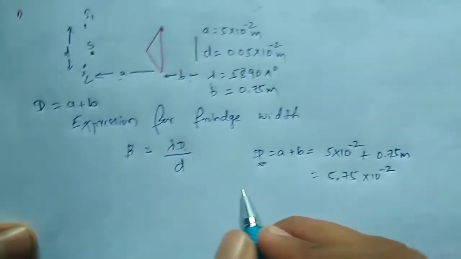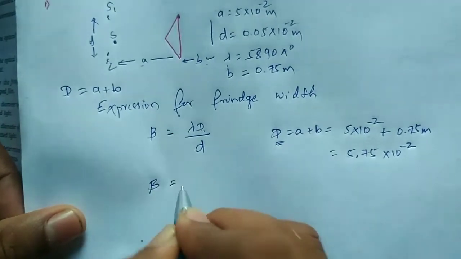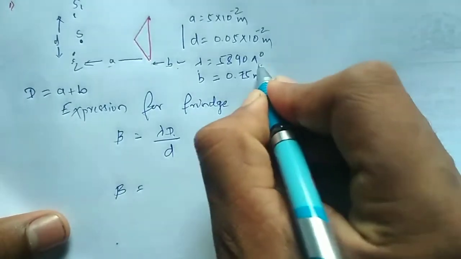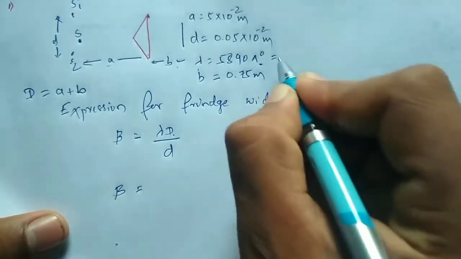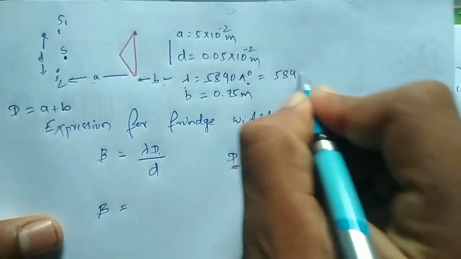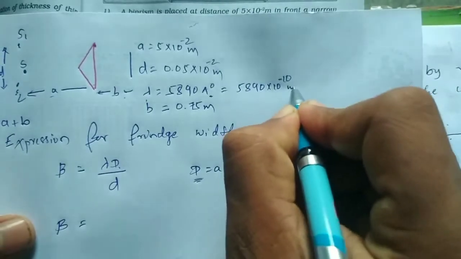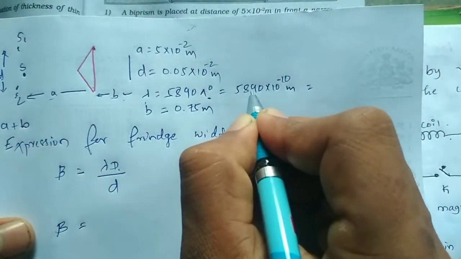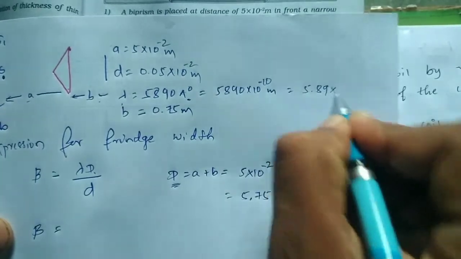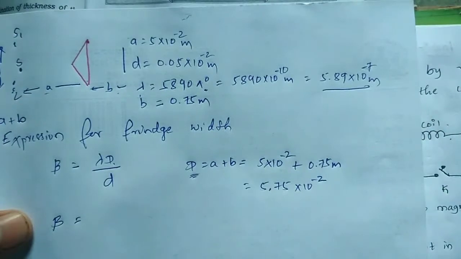Next, take beta equal to lambda, whose value is 5890 angstrom. It is in angstrom, so convert it into meter: 5890 × 10^-10 meter, shifting the decimal three places, 5.89 × 10^-7 meter.